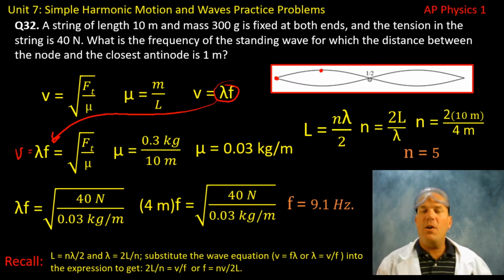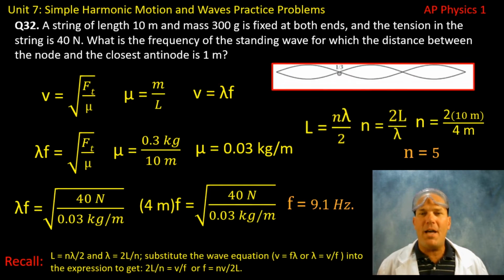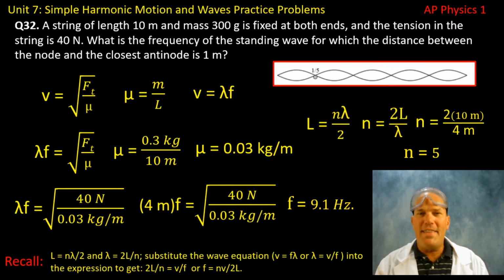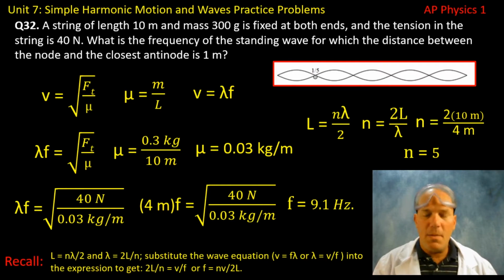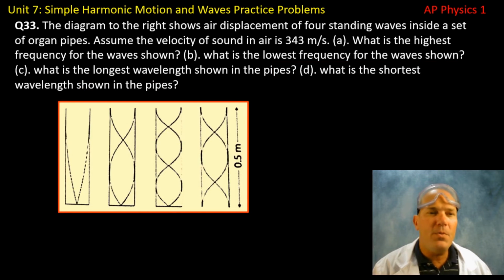This is harmonic number n equals 5. This is the 5th harmonic, which looks like this. Here we have the 5th harmonic represented, and we've had a great discussion about this particular problem. Let's move on to question 33.